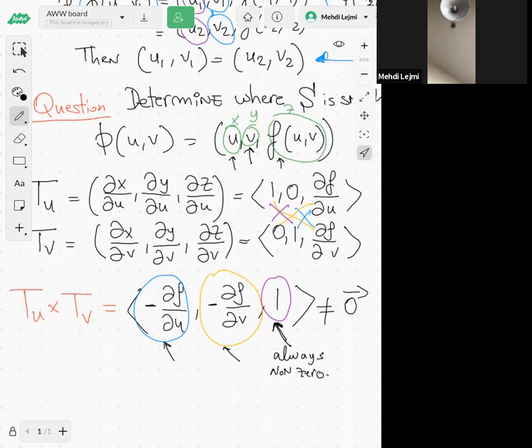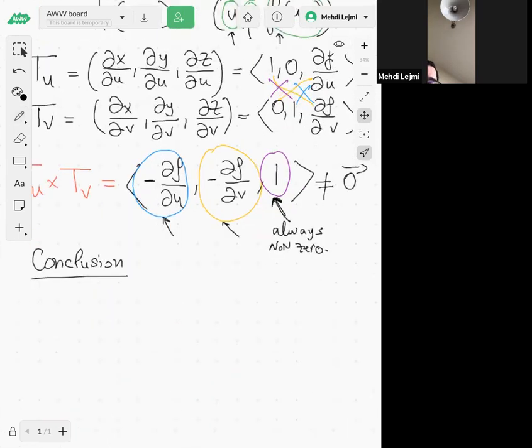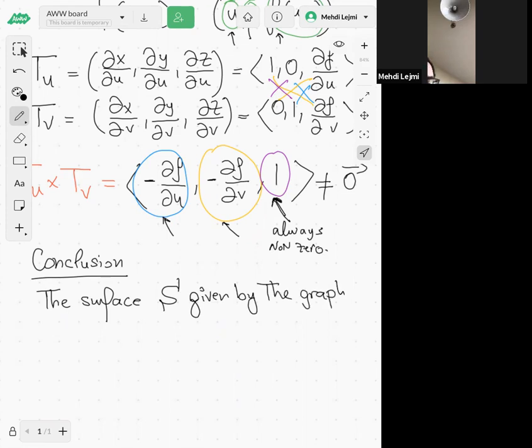So what we are saying here, guys, the conclusion, is that the surface S given by the graph of f of x, y is smooth everywhere.